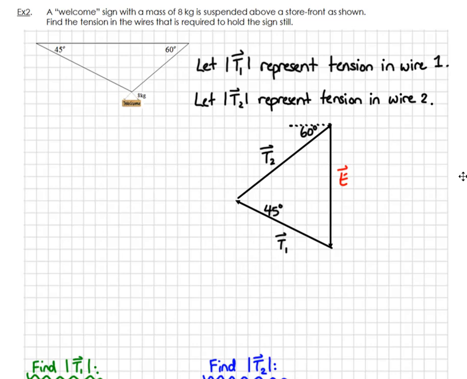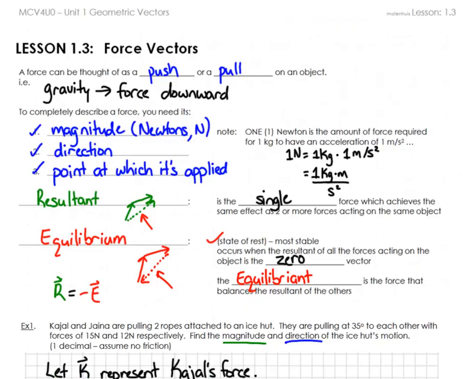Now, we do have a little bit of information that'll help us find those two tensions. We have information about the equilibrium. The force of the equilibrium, if you think about some of the physics, is mass times acceleration. If I go back to the first slide, you'll notice that this is the mass and this is the acceleration, and they will create a force.